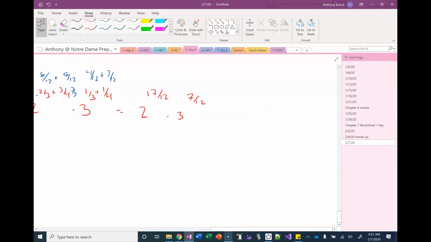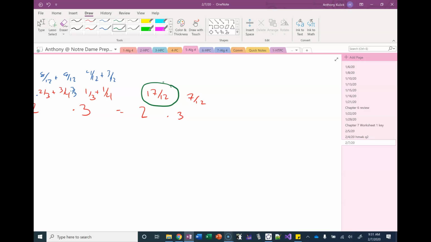Okay. Now, I could write this now in radical form. But if I look here, this is an improper fraction, 17/12, right? That's equivalent to having an unreduced radical.